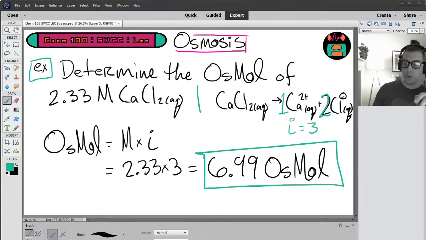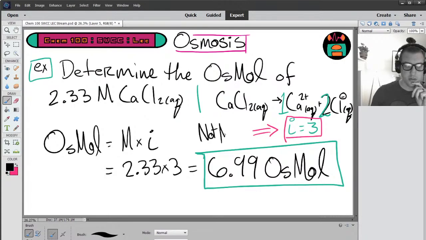But the thing you have to remember is that your Van Hoff factor, this thing right here, is not measured. This is not measured, so it will not limit your sig figs. So when it comes to determining how many significant figures we should have, we start with 3, so we have to end with 3.